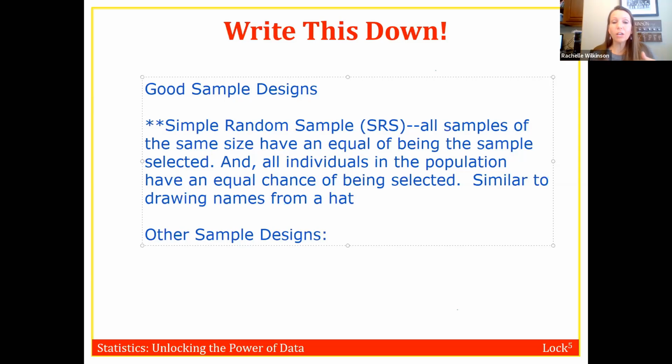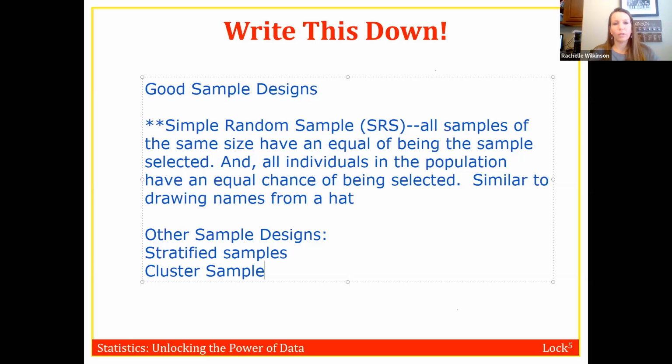As long as we're using a random method to select our sample, there are other ways to use random methods besides just a simple random sample. Some of those other designs are stratified random samples, cluster samples, and systematic samples.